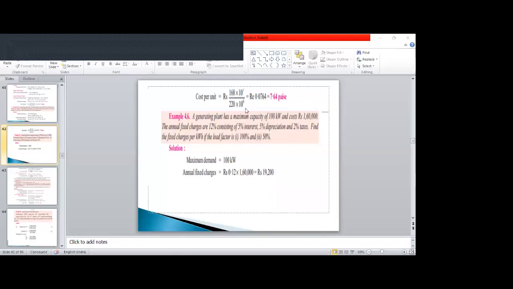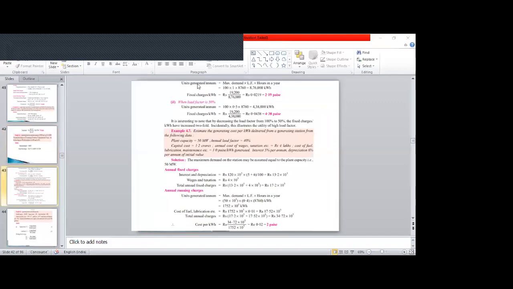Again, this is based on the expression: load factor is equal to average load by maximum demand, and average load is equal to units generated per annum divided by number of hours. So maximum capacity is given. Load factor in the first case is 100% or 1. Number of hours in a year is 8760, that is 365 into 24. You will get these many units generated per annum.